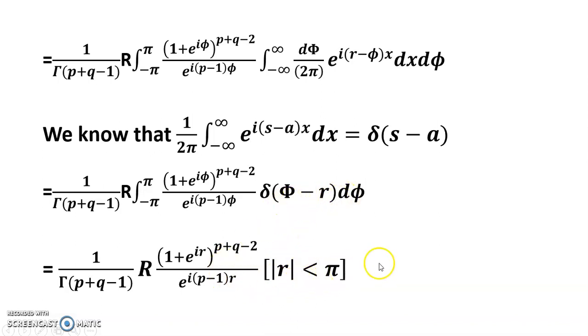I apply the property of Dirac: phi minus r, so phi will be replaced by r, and it holds when the modulus of r is less than pi.